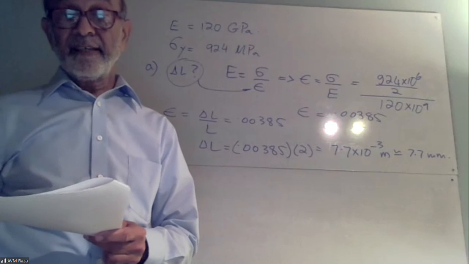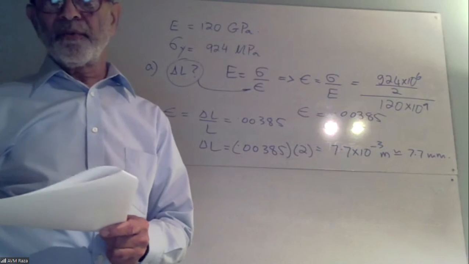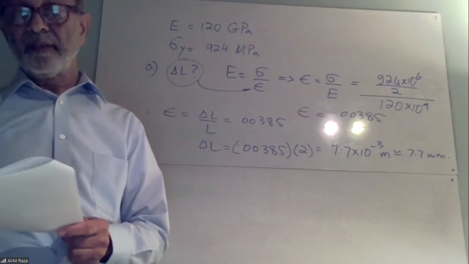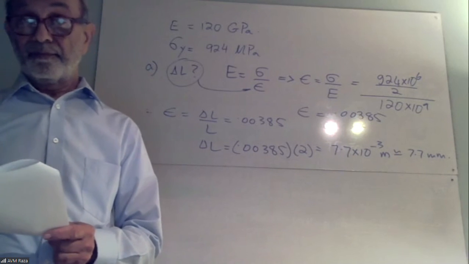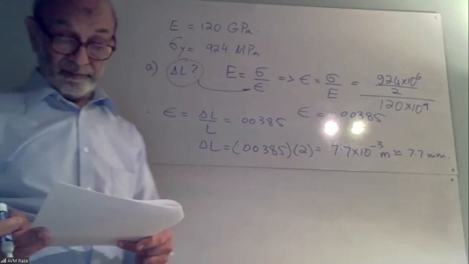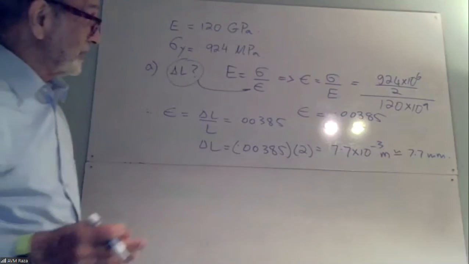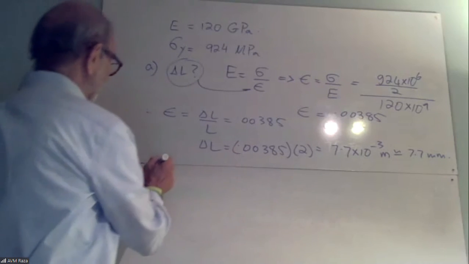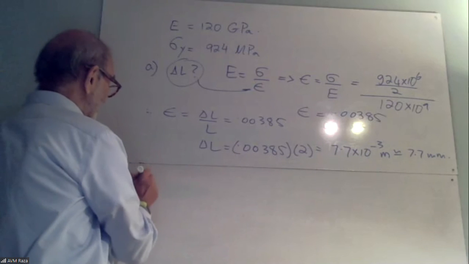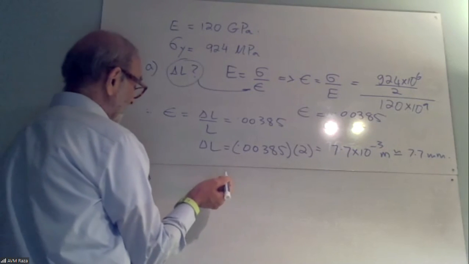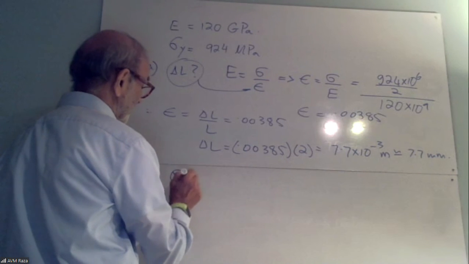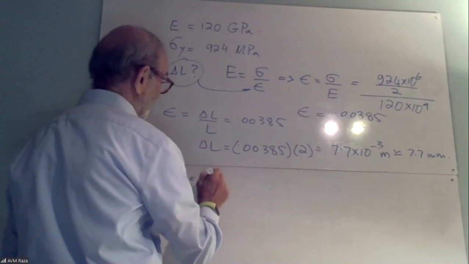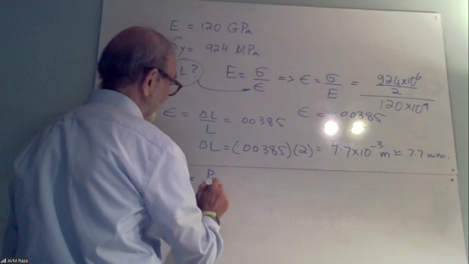The next thing he wants you to find is the load for yield strength. So simple. Part B, we want to find the load for yield strength. Sigma yield is the load divided by the area.